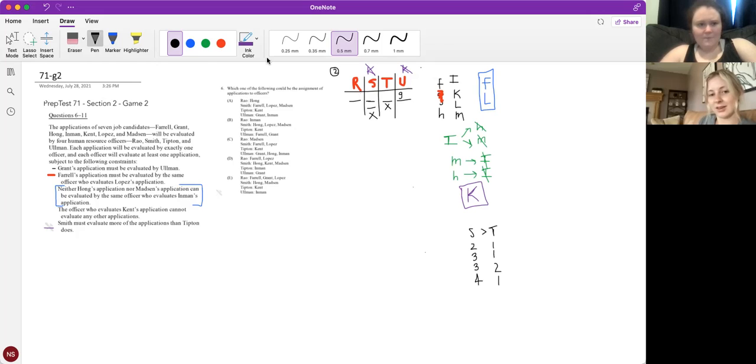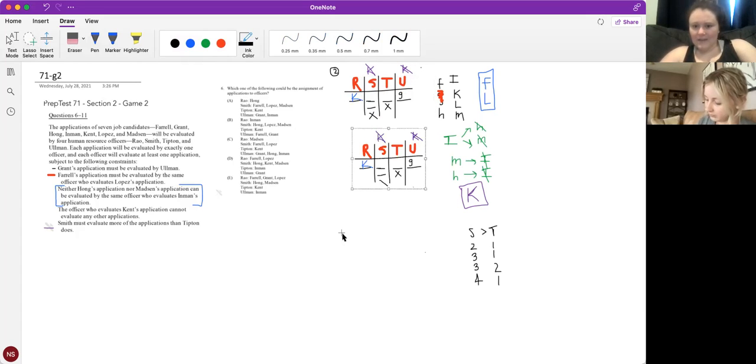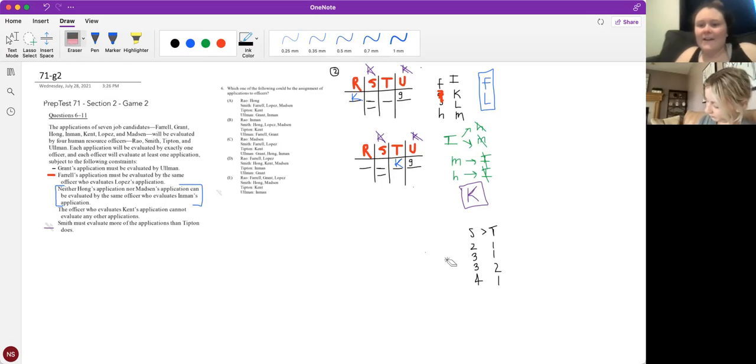So I think actually I'm gonna go back to the K one, and I'm gonna put K in R in 1, and then I'm just gonna make a second one, and I'm gonna put K in T. The reason I like this better is because I know that K is on its own.